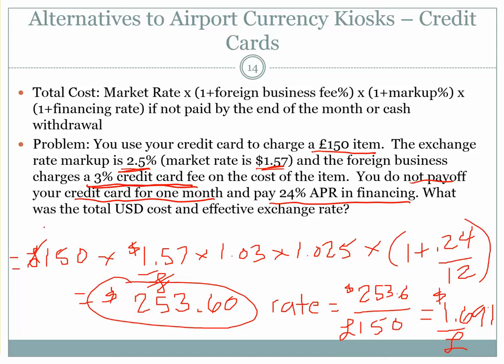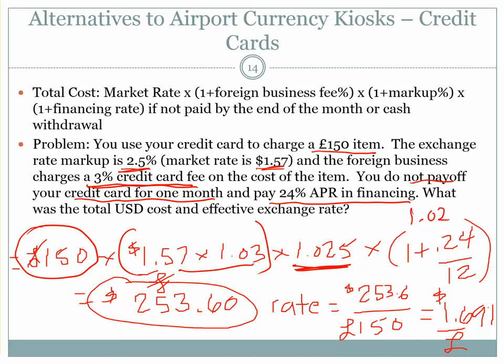Well, I'm going to use £150 exchanged at a rate of 157, increased by 3%. In this case, the foreign merchant charges me an extra 2.5% of the entire purchase. So I'll just increase the total value by 2.5%. And then I'm going to add, effectively, 1 month's interest.